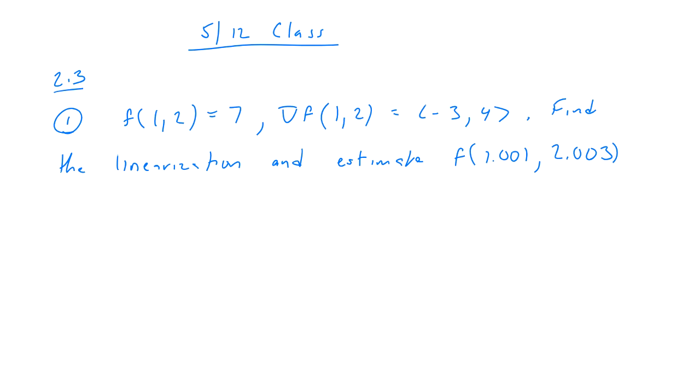In this one, you're basically given the information and just see if you remember the formula. The only difference between linearization and tangent plane will be what we write on the left.